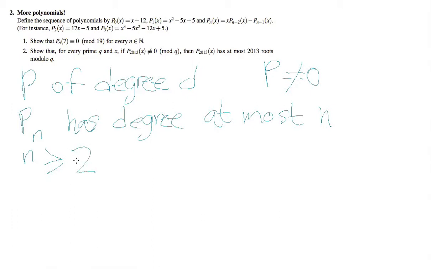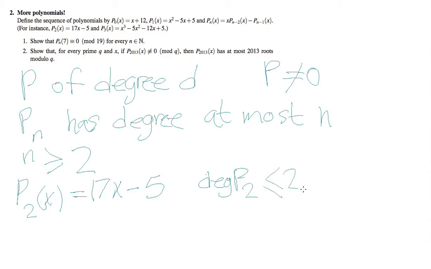So how are we going to prove this? Again, we use induction. So in this case, our base cases are not going to be 0 and 1, but are going to be 2 and 3, right? Okay, P2 of x equals 17x minus 5, which has degree 1, and the degree is less than or equal to 2, right?